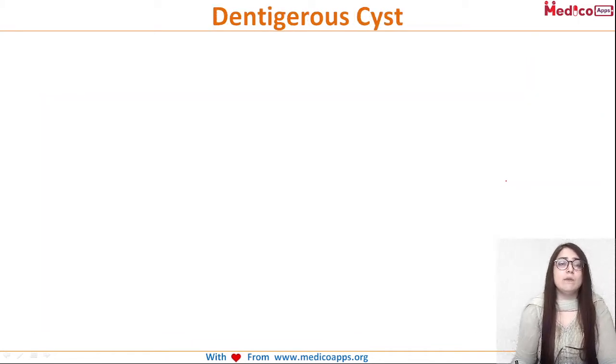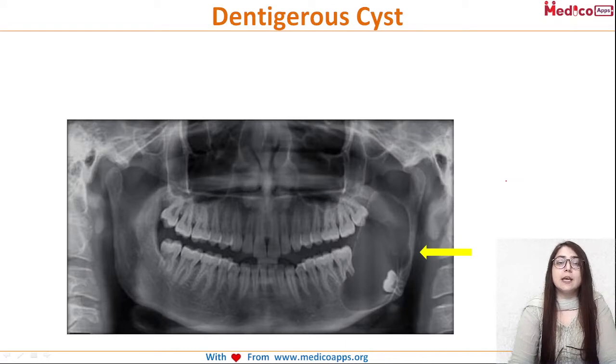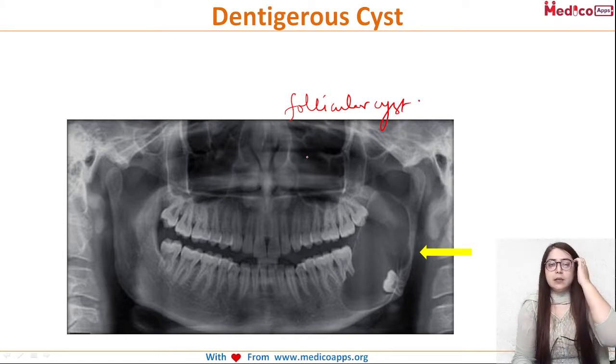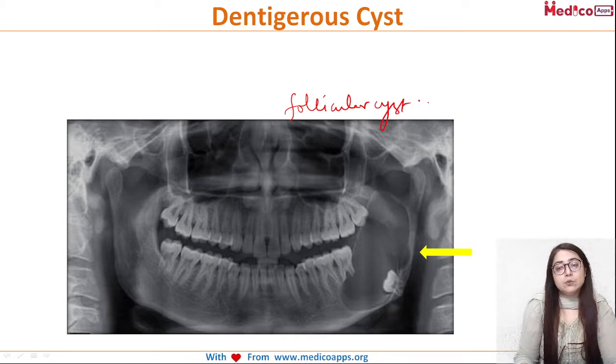Now let's see what all findings you will see in dentigerous cyst. First of all, dentigerous cyst is also known as follicular cyst. Now, when do we say it is a normal follicle and when do we say it is a cyst? If it is 3 millimeters, it could be a normal follicle.